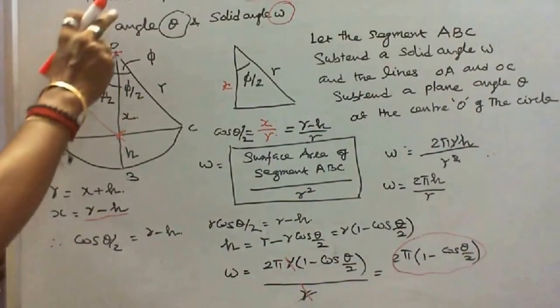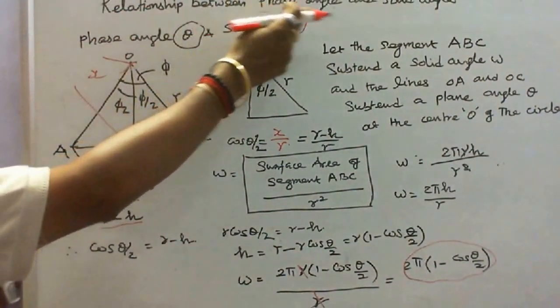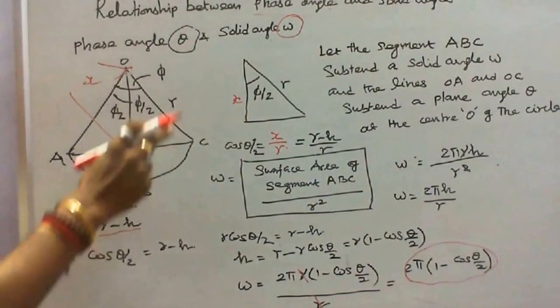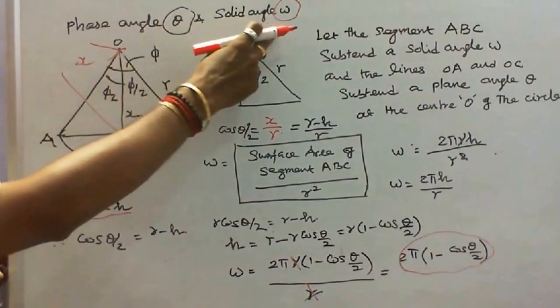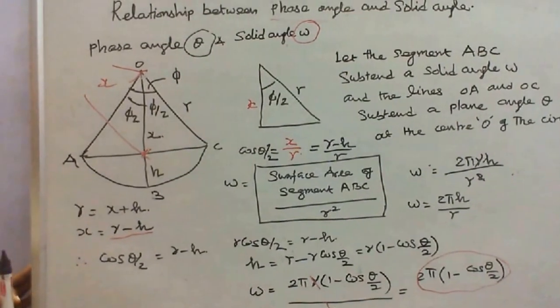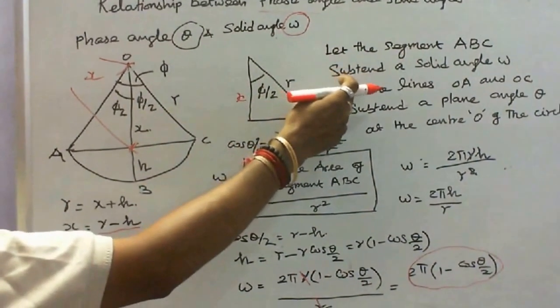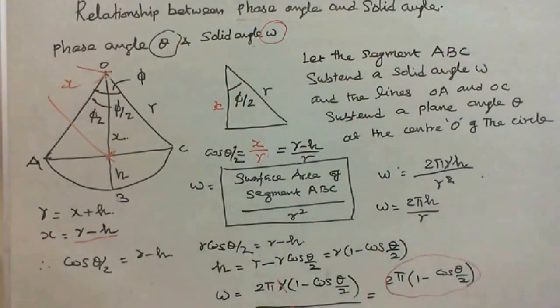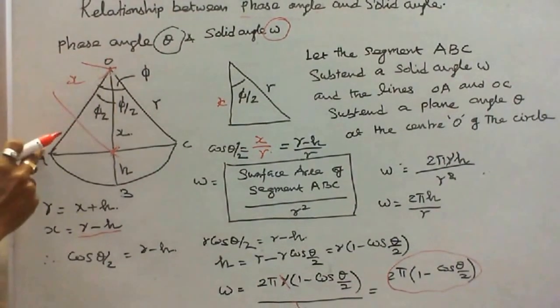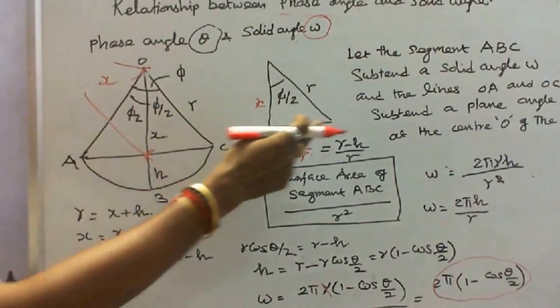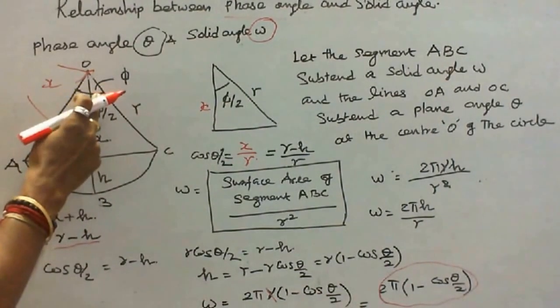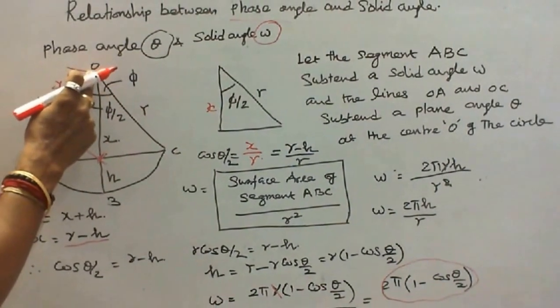Now you see the relation between plane angle and the solid angle. Plane angle is theta, solid angle is omega. Let the segment ABC subtend a solid angle omega and the lines OA and OC subtend a plane angle theta at the center O of the circle.